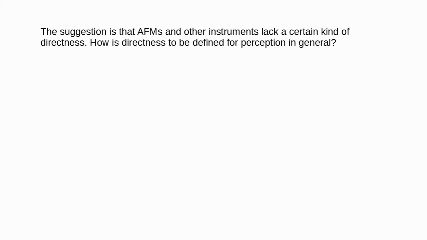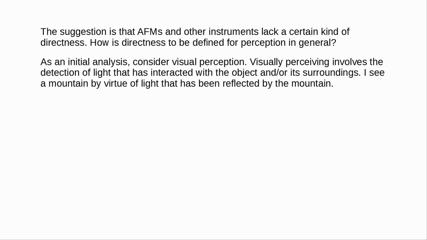Now, of course, this does raise a question of what exactly is meant by directness in general. Unfortunately, I'm not really sure how to define that for perception in general, but to begin developing the idea, I'd suggest that visual perception of an object seems to require detection of light that has interacted with the object and or its surroundings.